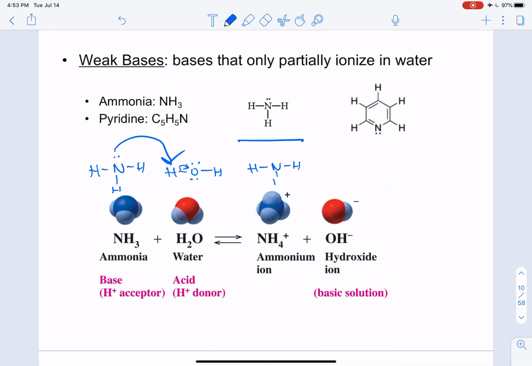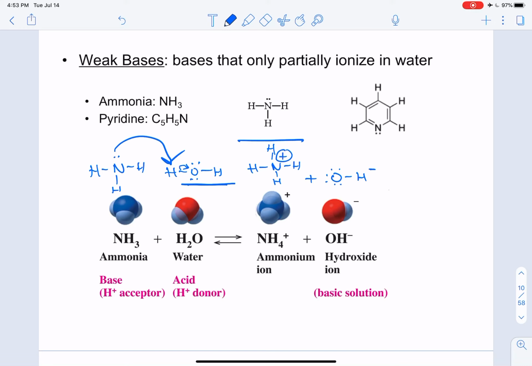and we've seen that before. It's a polyatomic, and that has a plus charge. And what's left is the OH right there. So we get OH minus, and ammonia doesn't have its own OH to release, but it causes the water that it's in to release the OH.